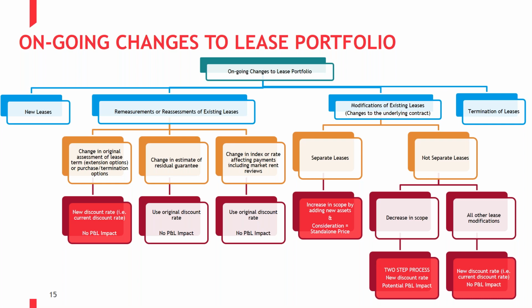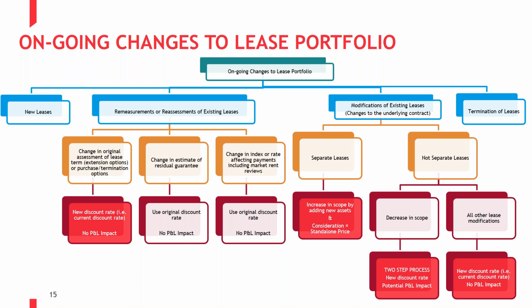In this diagram, I've added red blocks, and you can see I've got 4 red blocks. And these red blocks represent situations where on an ongoing basis, the standard would require you to determine a new discount rate, a new incremental borrowing rate at a particular point in time.